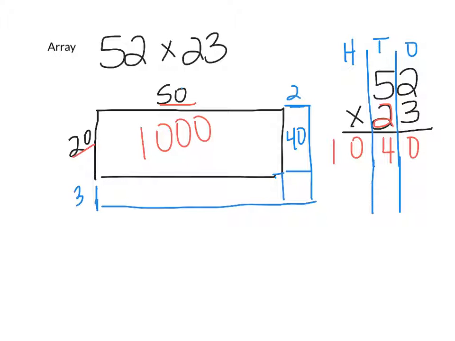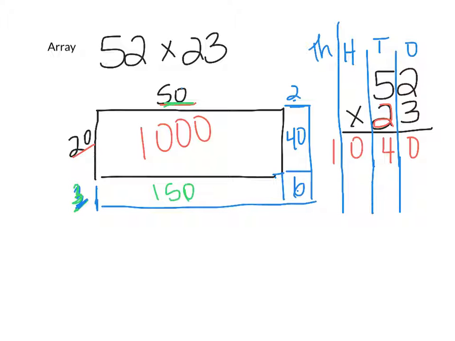I'm going to go ahead and draw a dividing line for my thousands just so I can keep everything straight. And then I'm going to work with the 3 in the 23. And I'm going to do 3 times 50, which is 150, and 3 times 2, which is 6.